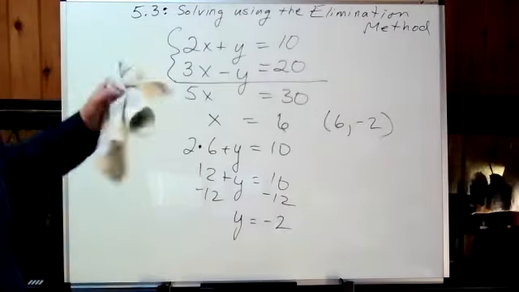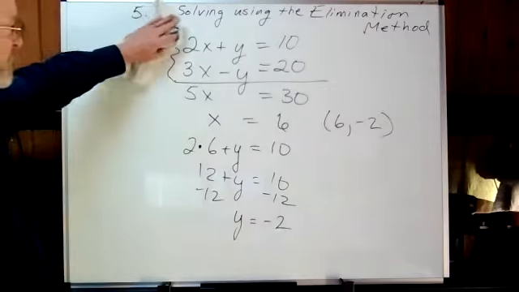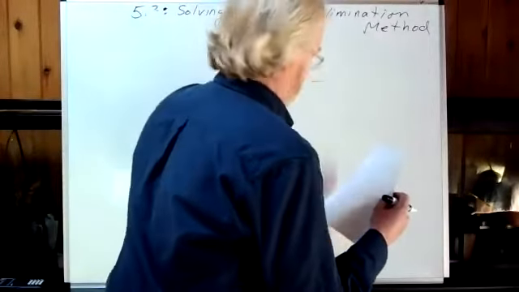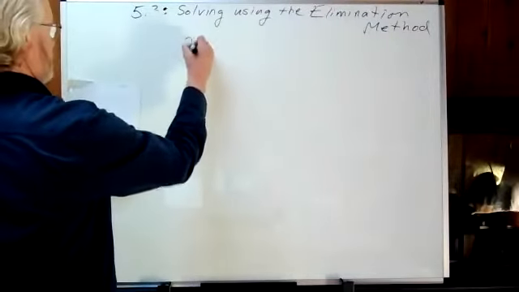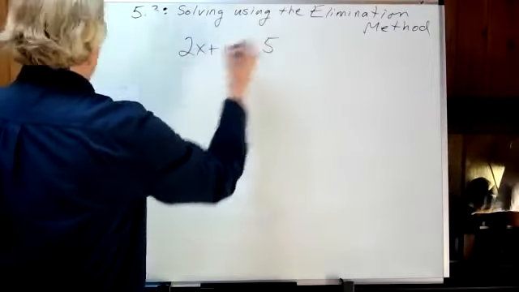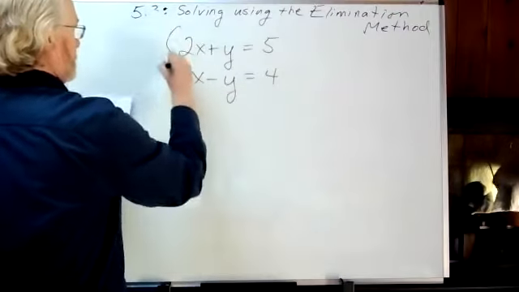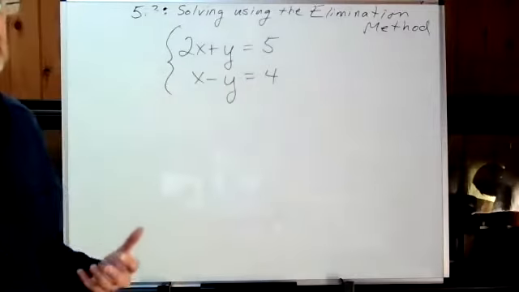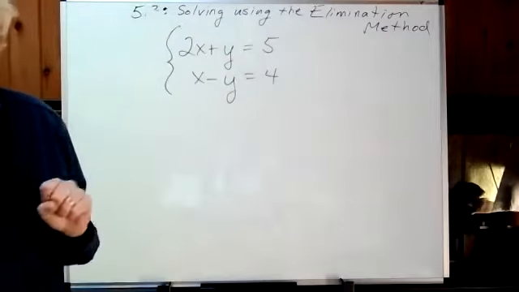Okay, I'm going to do it again, all right? Here goes. All right, very similar. This again will be a situation where you might have to make a choice. Which variable am I going to try to eliminate based on the numbers that you have there to work with?